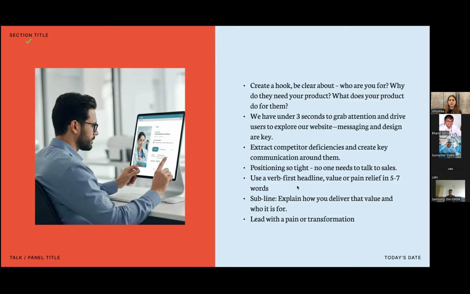A nice idea is to use a verb-first headline which talks about value or pain relief in 5 to 7 words, and a subline that explains how you deliver that value and who it is for. Always lead with a pain or transformation. So we look at a few examples now of really good first folds, some made by us, some just sourced from the internet that I really like.